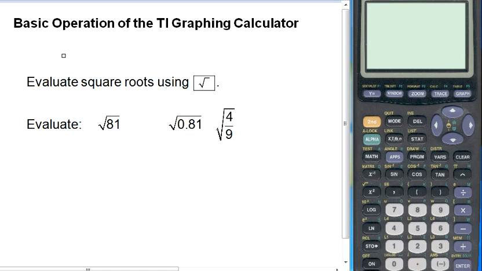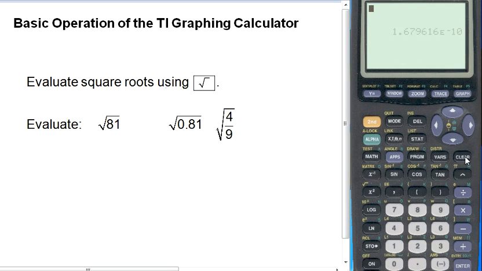We're going to finish this discussion with evaluating square roots using the square root key on the calculator. That's located along the left side above the x squared key. To access the second meaning of a key, which is written above a key, you hit the second key first. So when we go to do the square root of 81, we're going to hit the square root key.